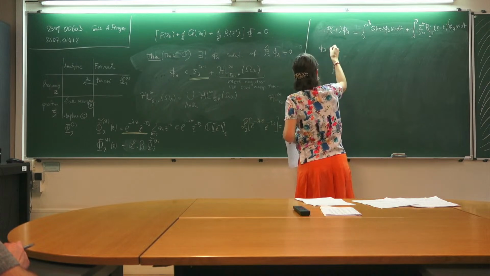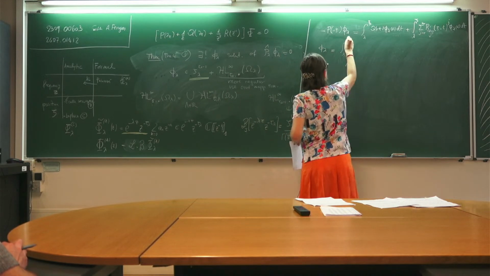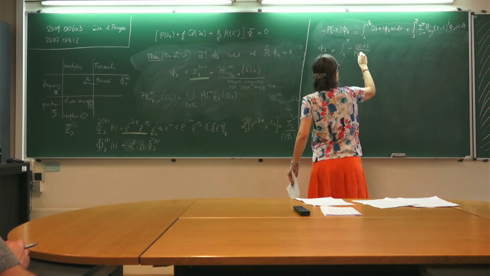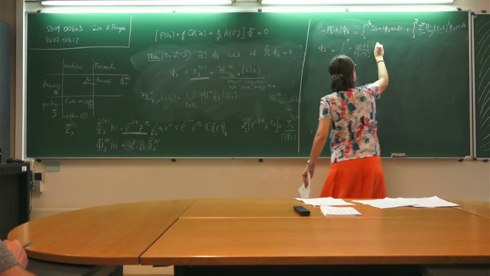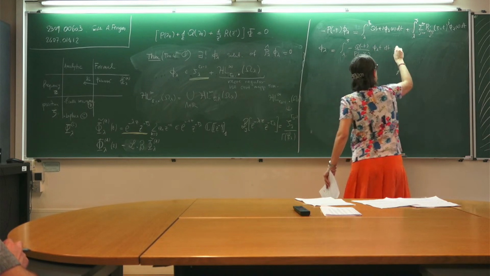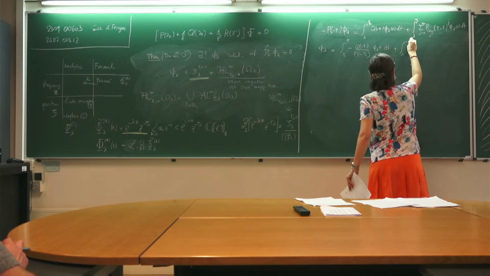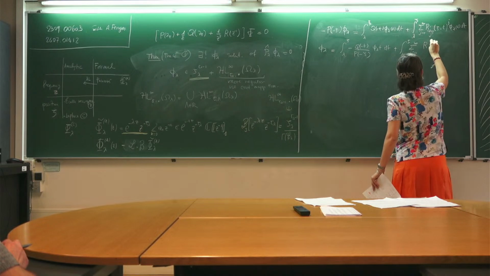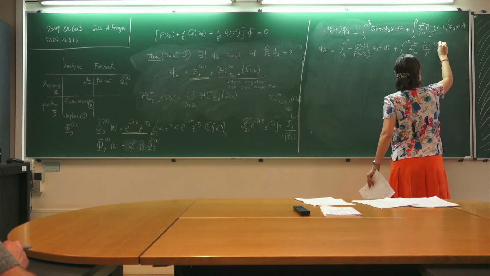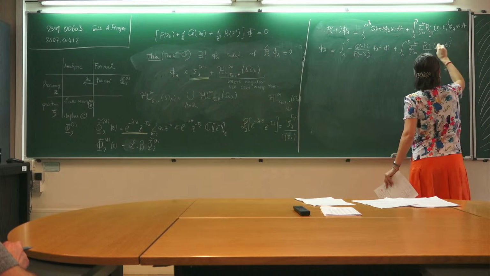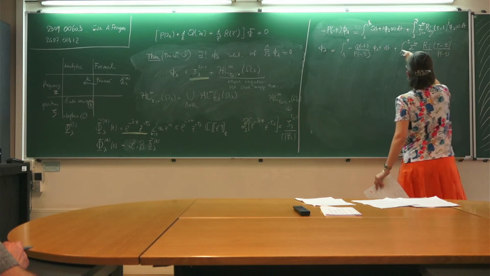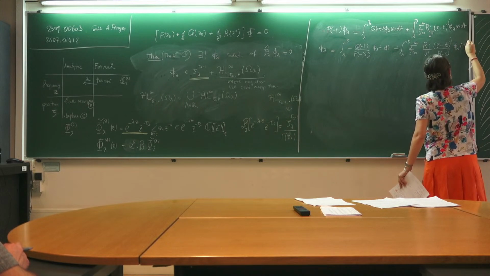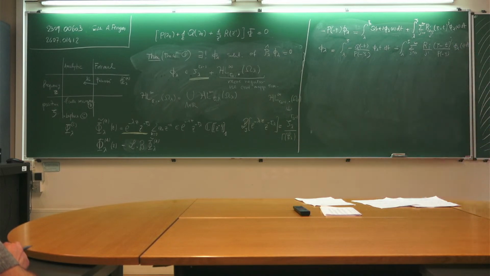So in particular, I have phi lambda equal to the integral. And then I have minus Q divided by P of minus zeta. And same thing on the other side. Okay.